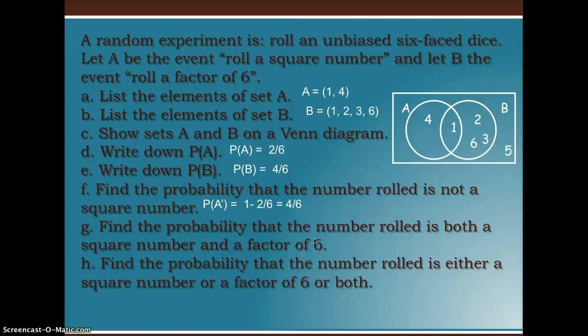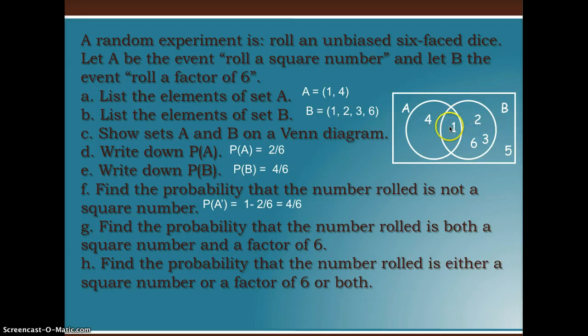Okay, now be careful. It has to be that your number is a square number and at the same time a factor of 6. So if you look at your Venn diagram here, how many elements satisfy both conditions? It should be a square number and at the same time a factor of 6.